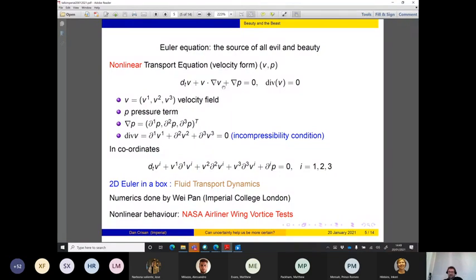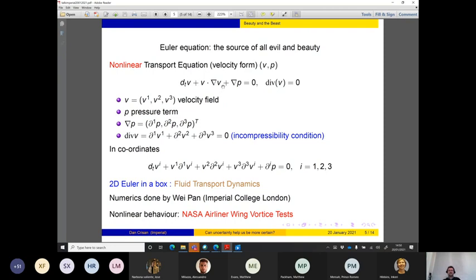Let me just go over the equation. This is an equation which has as unknown, as a variable, the velocity of the fluid. So the evolution of the velocity of a fluid is the solution of this equation.